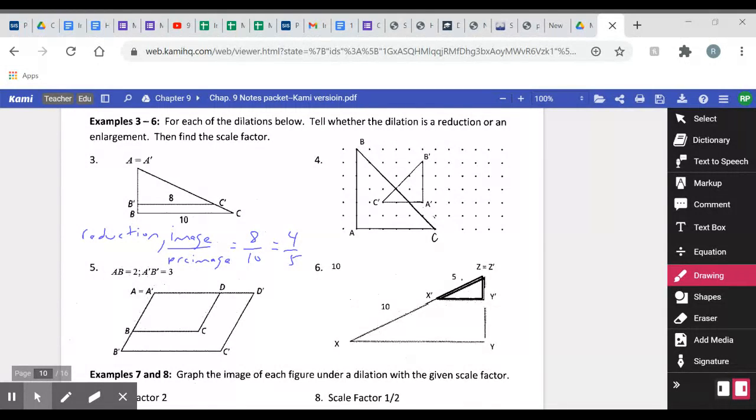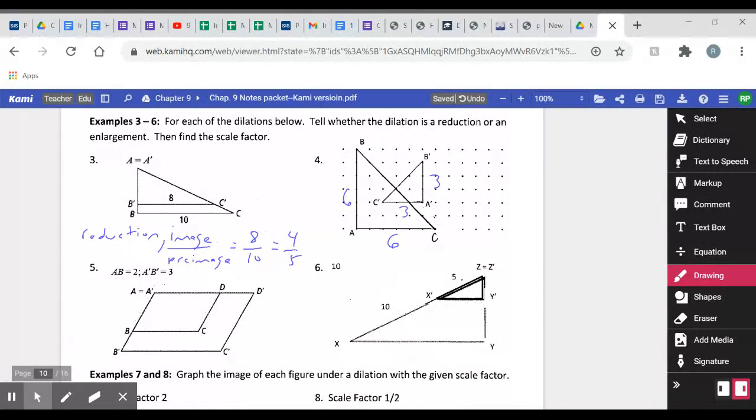On number 4, I don't see any lengths. They didn't give it to me, but because it's these dots, it's kind of like graph paper. I can count the spaces, 1, 2, 3, 4, 5, 6, in the horizontal and vertical directions. This AC has a length of 6. I can see A prime C prime has a length of 3, and A prime B prime has a length of 3.